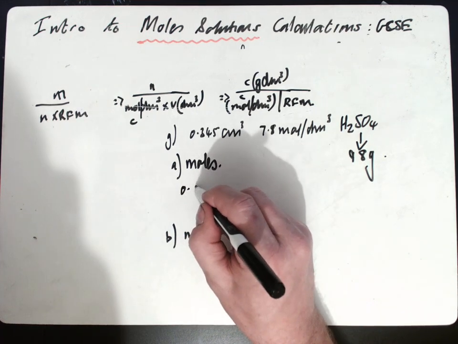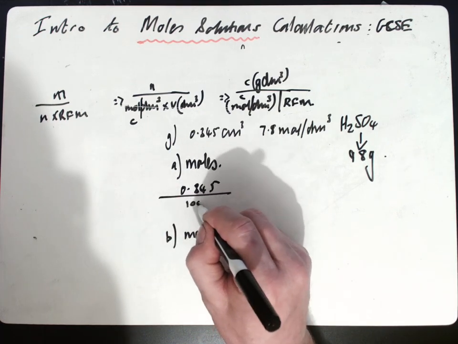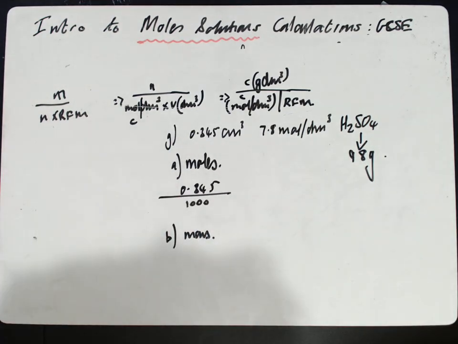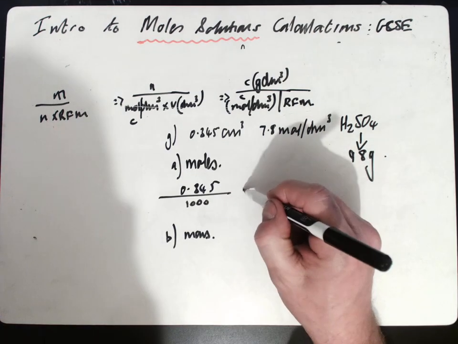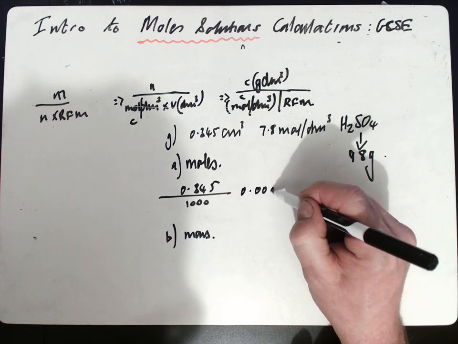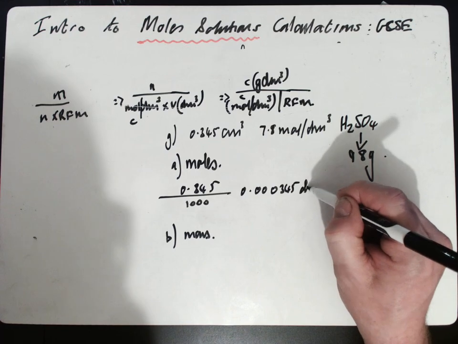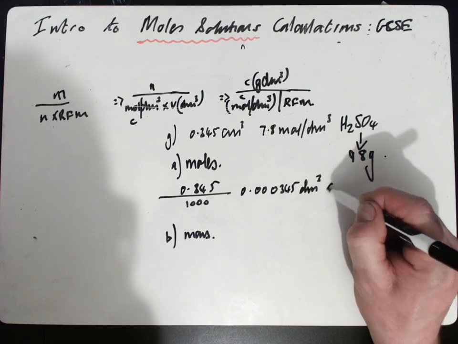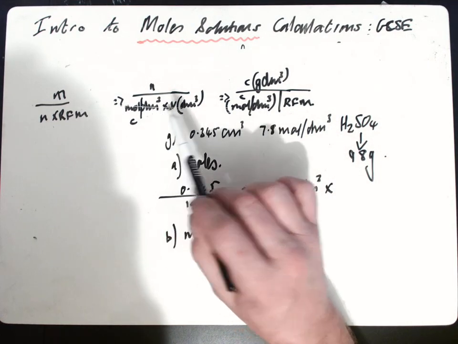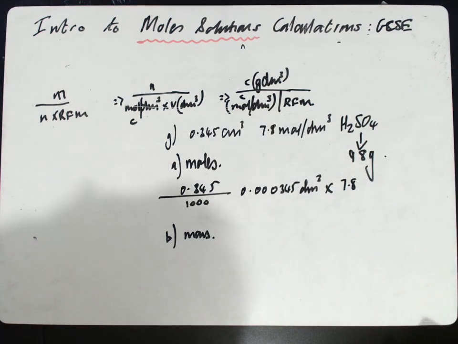We've got to take that 0.345 and turn it into decimeters cubed, which will be to take that and divide it by 1,000. So that gives us a value of 0.000345. A very small number, but nonetheless it has to be in decimeters cubed. And we're taking our volume and multiplying it by our concentration, and that's 7.8 from the question.